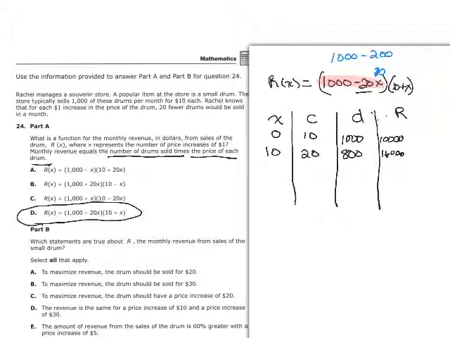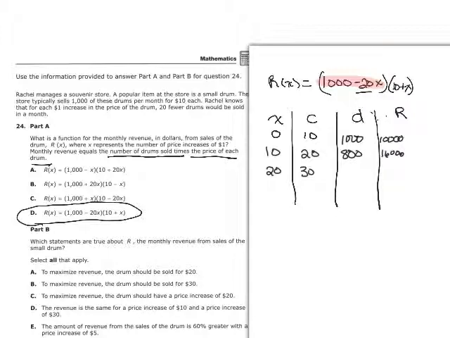Let's see if we keep going. Now I'm going to add $20 to the cost, which means each drum's going to be worth $30. How are we going to fare? Well, again, we're going to change that X value in this equation.